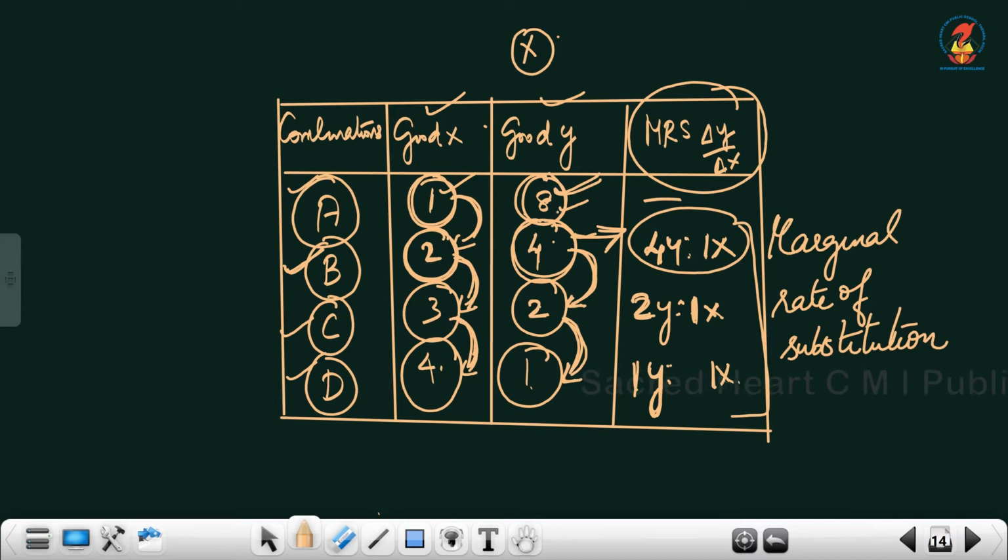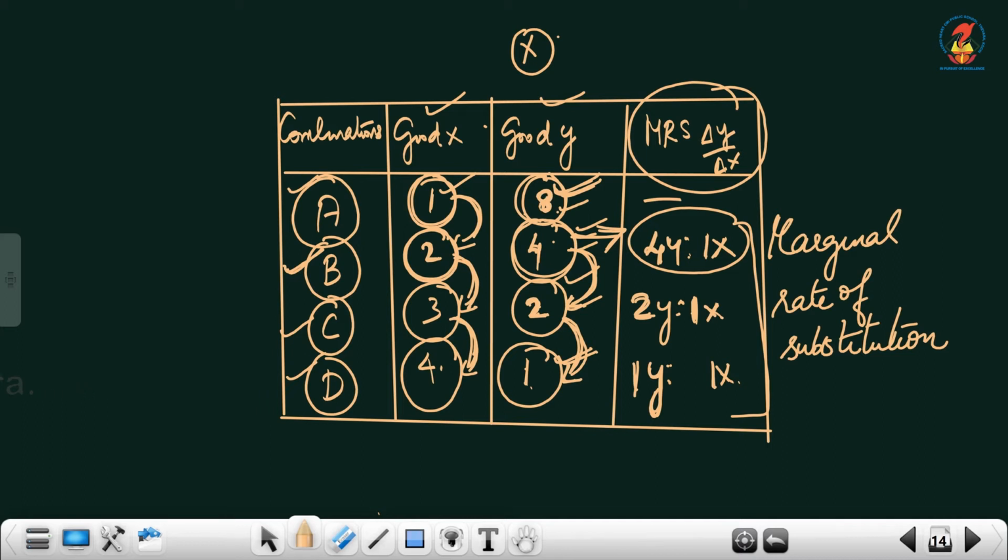From 8 to 4, 4 to 2, 2 to 1. This not only decreases, but decreases at a decreasing rate, isn't it? From 8 to 4, again from 4 to 2 only it is decreasing, again from 2 to 1 only it is decreasing. So you can see the decreasing rate of Y is becoming lesser for X.